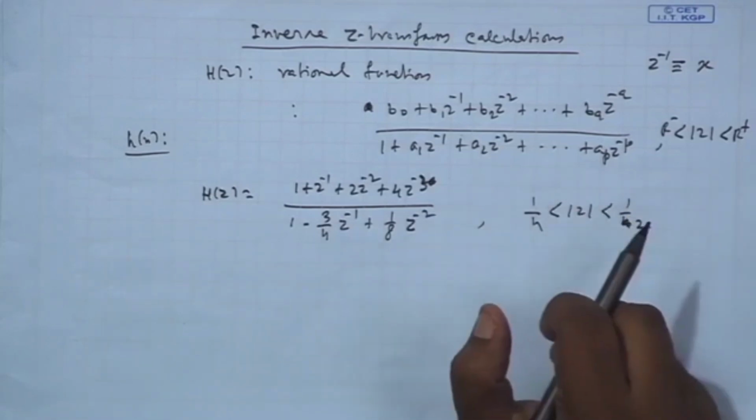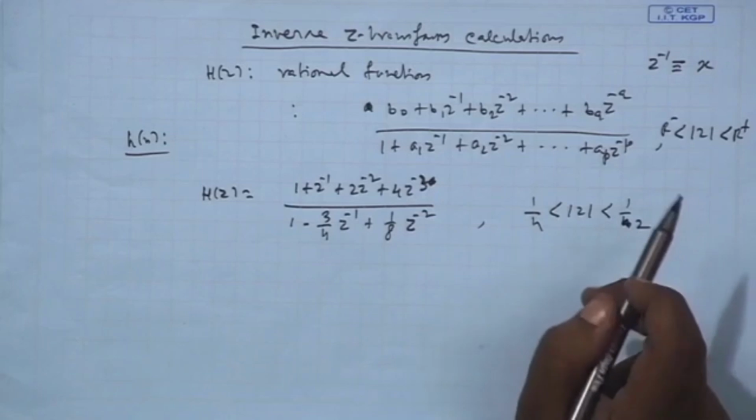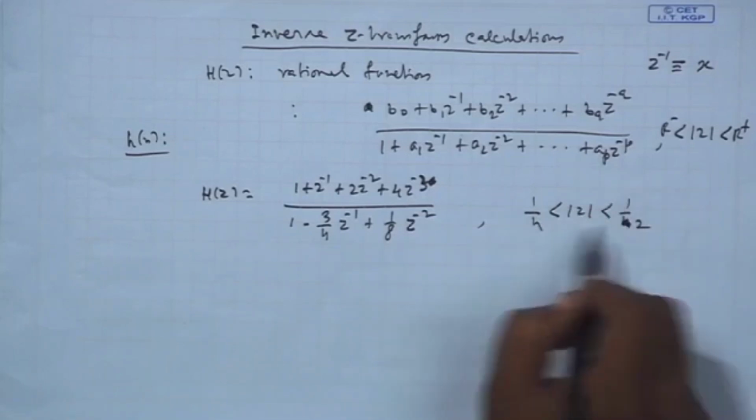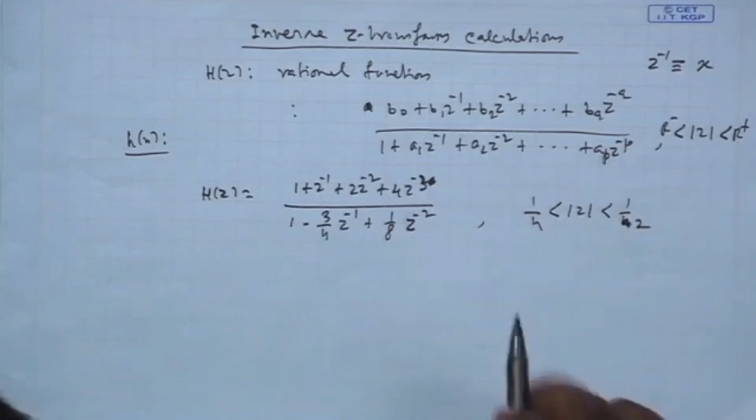So the region between them is having Z's with mod Z between these two. That is the region of convergence given.